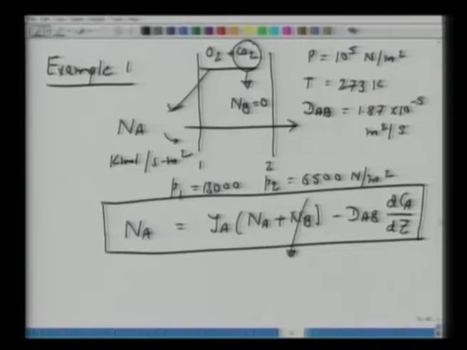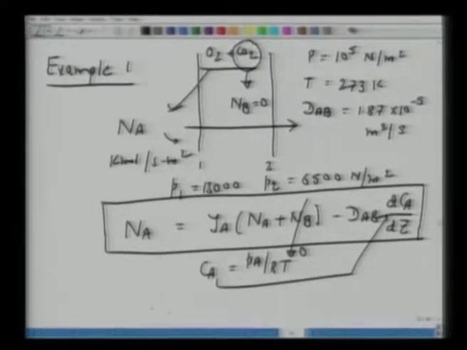Since N_B is 0, we have a simplified expression. We can always write C_A in terms of partial pressure as P_A over RT. So, this C_A can be substituted and one can integrate this equation. The idea is that either you start from here, or you start from the integrated equation which we had obtained and simplified earlier.